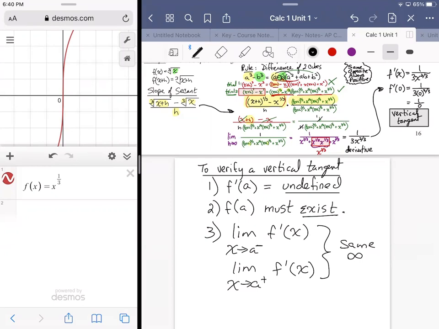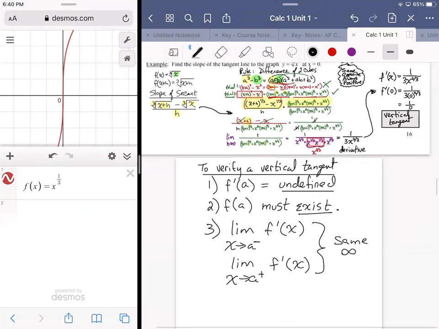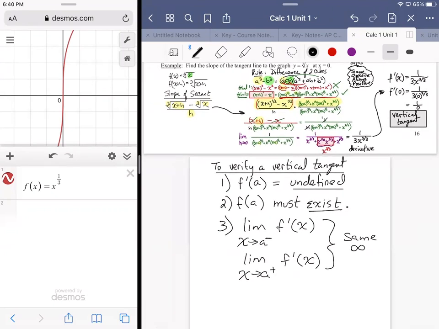All right. So I've already verified the first two things, that my first derivative is undefined at that location. It exists. I mean, visual inspection, I'm looking at a solid point right here. So verified. But if you need to really state it, you could say f of 0 is equal to 0 and just be safe about it.